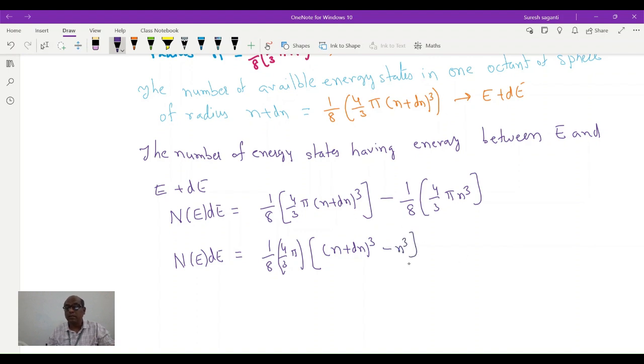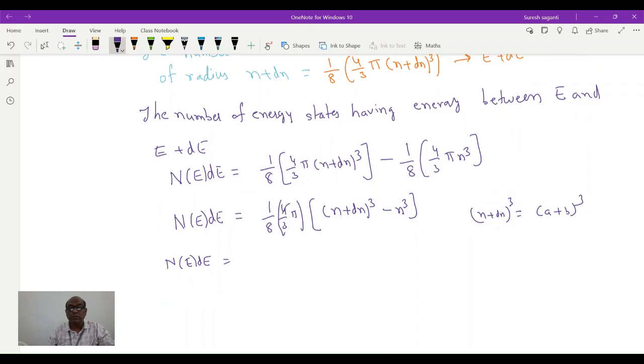So expanding n plus dn cube like a plus b whole cube, N of E dE is equal to, so here 4 ones are 4, 2 fours are 8, so I can write this as pi by 6 into n cube plus dn cube plus 3 n square dn plus 3 n dn square minus n cube. So what is happening here?